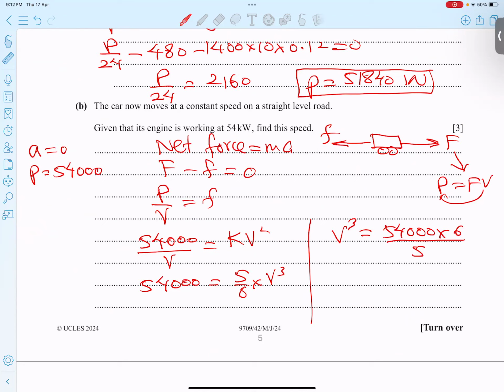So 54,000 times 6 divided by 5, and take the cube root of this. So speed is coming out as 40.16. And if rounding, I got 2 meters per second. This is, I think, over.